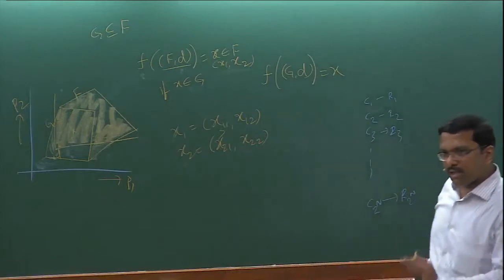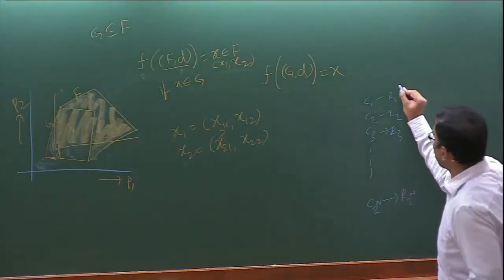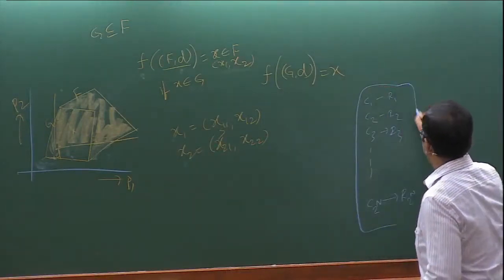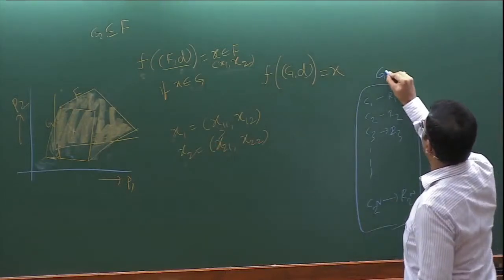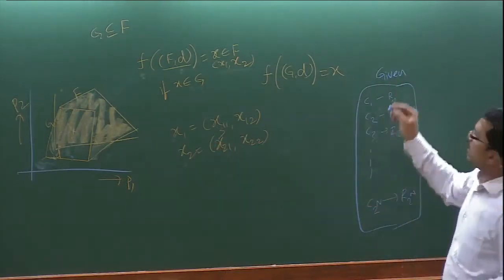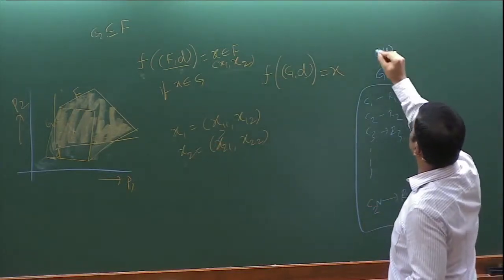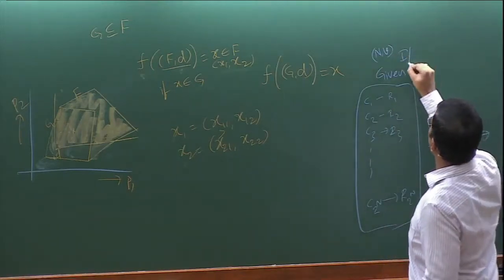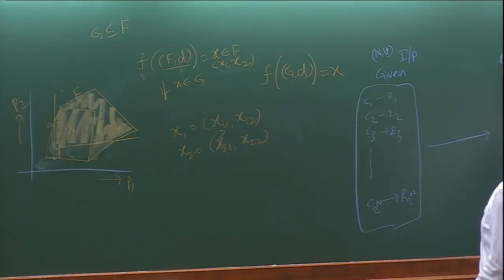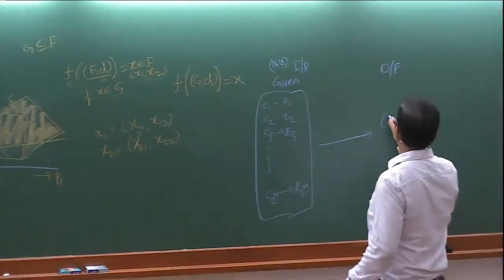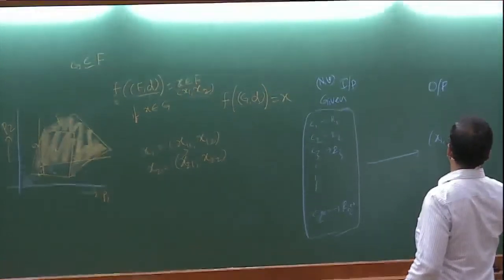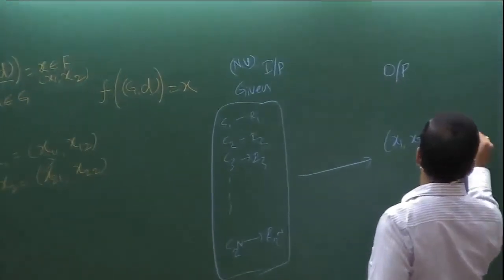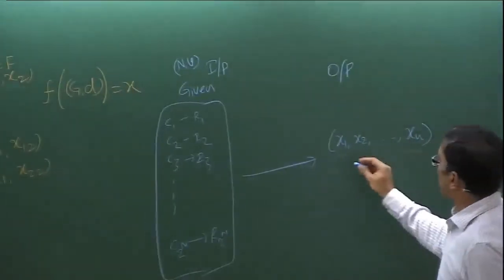So now the major problem in cooperative game theory is that these are all given. This is a problem instance, N comma v. So now the output is called the payoff vector.